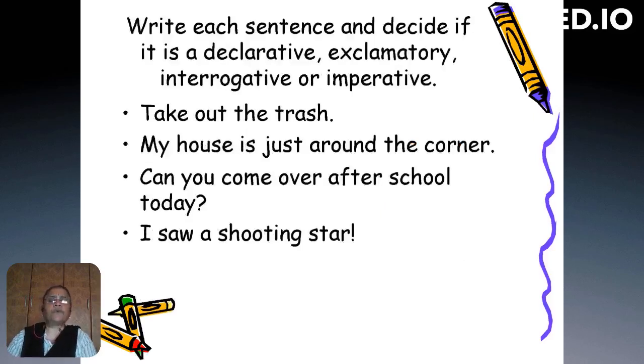Here I have given you a few sentences which you can decipher for yourself, whether each comes under the category of declarative, exclamatory, interrogative, or imperative. When you see the punctuation marks, you can be crystal clear about which category it belongs to.